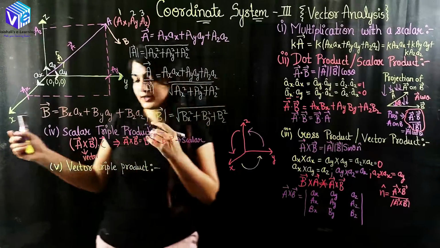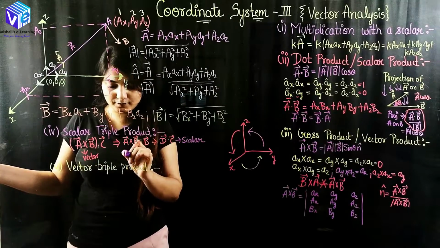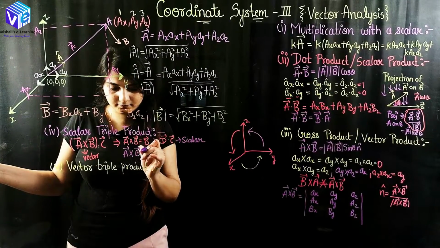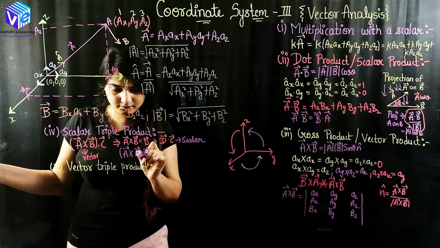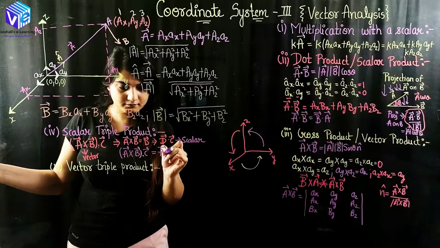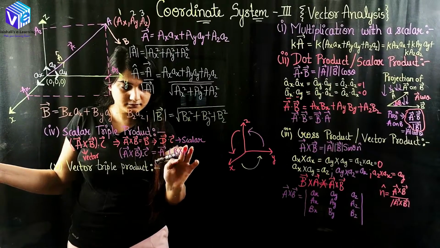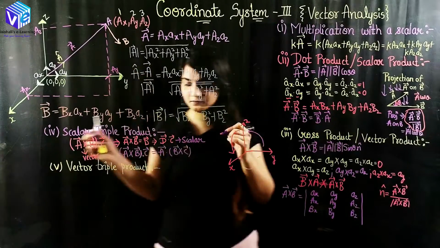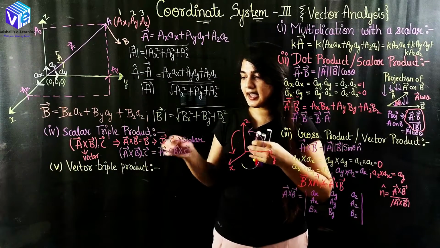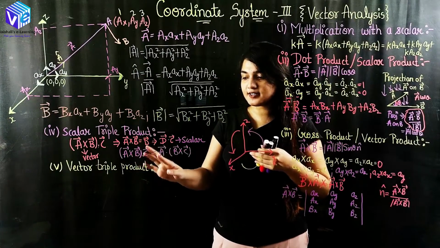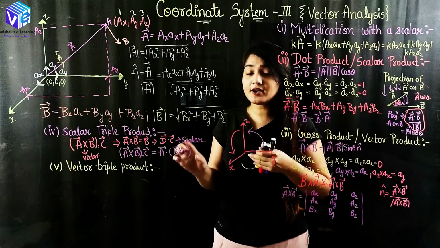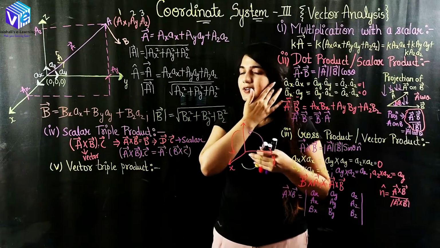Now what is the identity that it follows? It follows this identity: A vector cross B vector dot C vector is equal to A vector dot B vector cross C vector, or it is commutative.